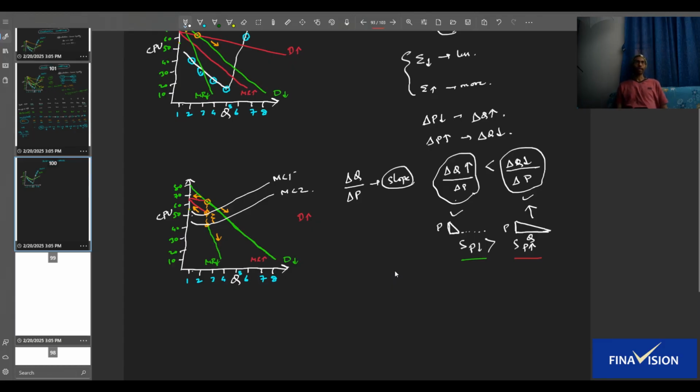Now, this is the minimum profit at prevailing price. Let's say this is the prevailing price represented by P dashed. And this line represents maximum profit at prevailing price.